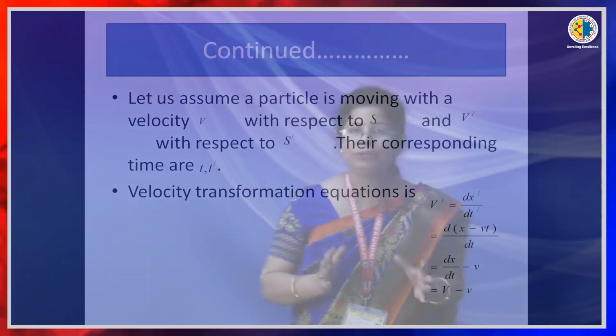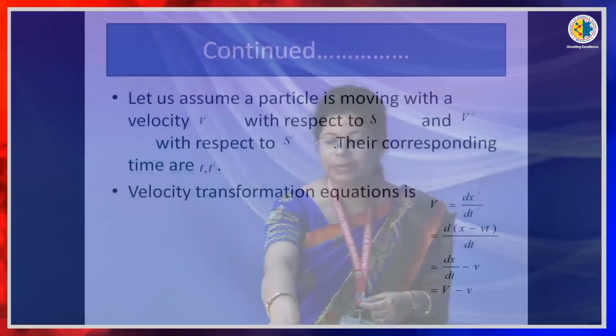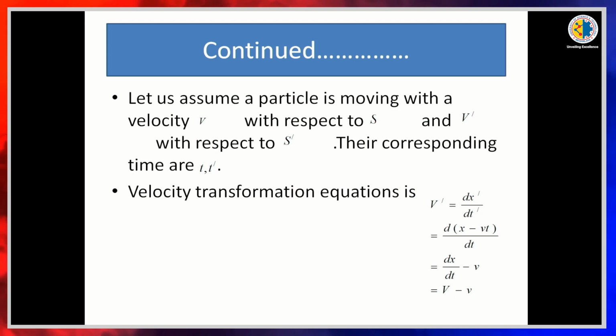Now, we apply here the Galilean transformation equation, which we discussed earlier and already derived. So, the Galilean transformation equation is x dash is equal to x minus vt, y dash is equal to y, z dash equal to z and t dash equal to t. So, apply here the Galilean transformation. In place of x dash we put x minus vt.